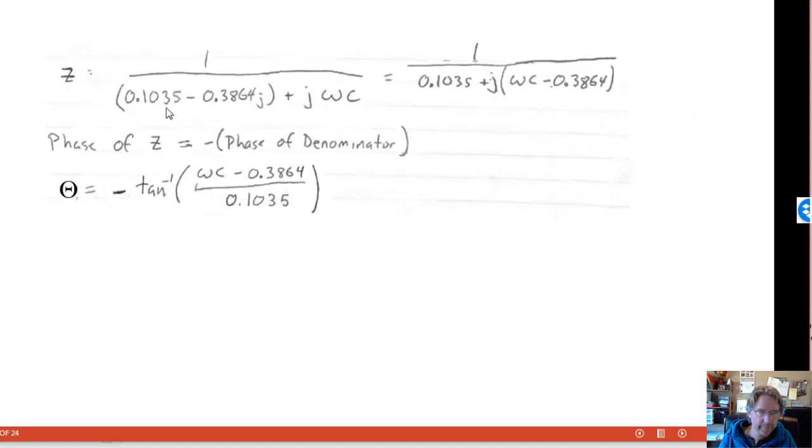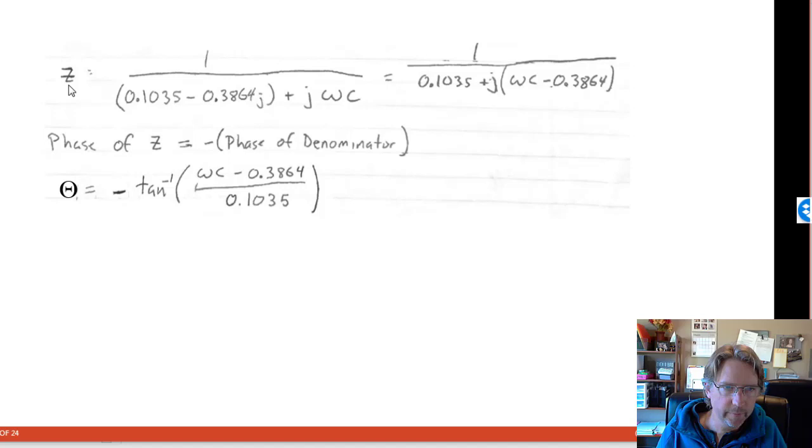All right, so we're trying to find the phase of this, and we could put this in polar form to do the division, but we can realize that the phase of Z is going to be the negative of the phase of the denominator, because it's going to be 0 minus the phase of the denominator. So the phase of Z is negative the phase of the denominator, and that's what we're caring about. We want that to be 0. So the phase of the denominator is the arctangent of the imaginary part, omega c minus 0.3864, divided by the real part, 0.1035.